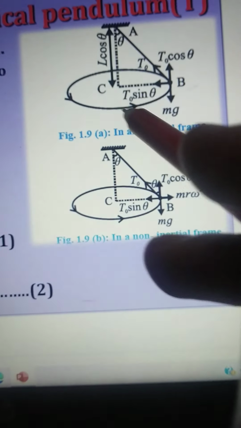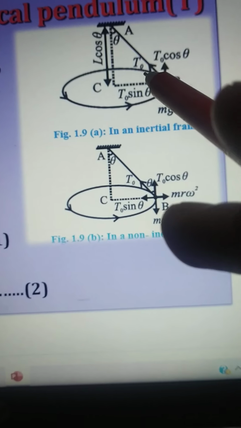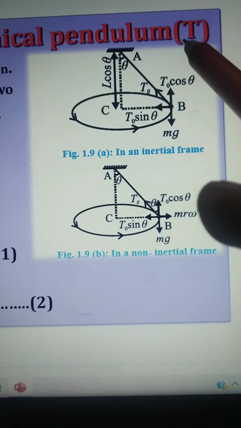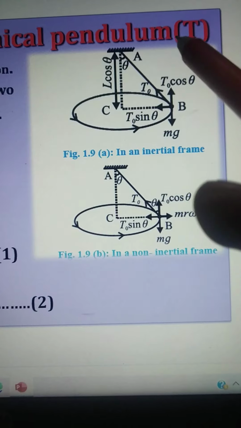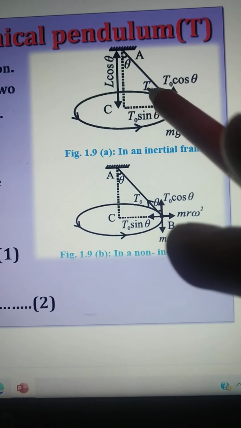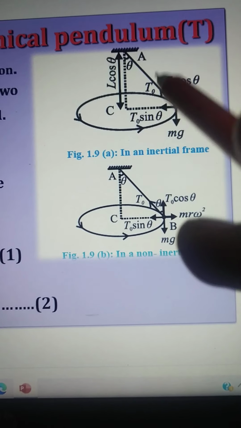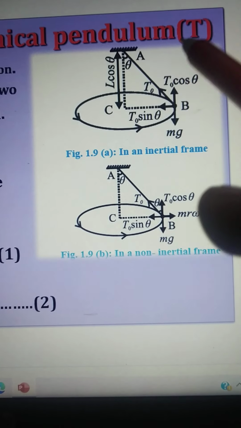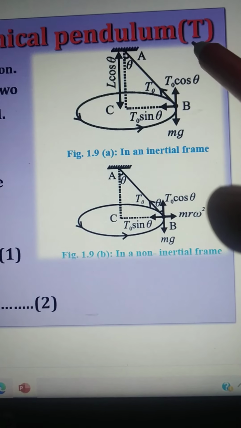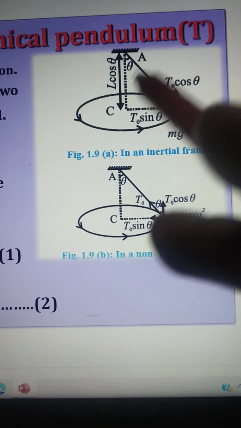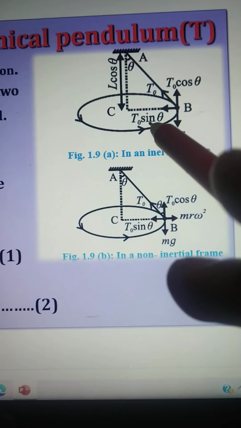Now here T0 is the tension, and we find only T, where T means the time period. So do not confuse T0 with T. T0 means tension, and only T gives the time period. Now let us find the time period.